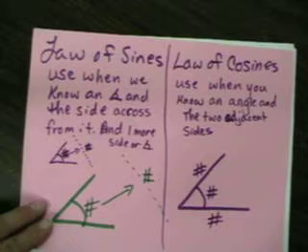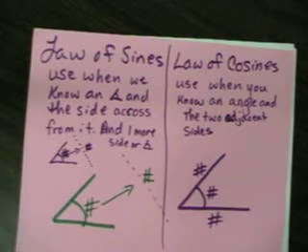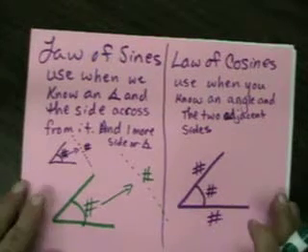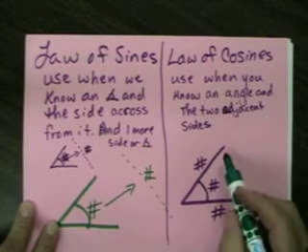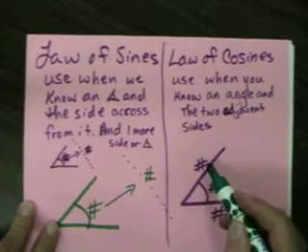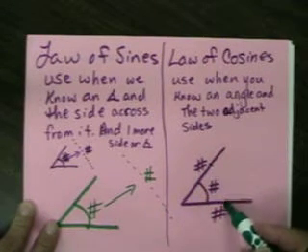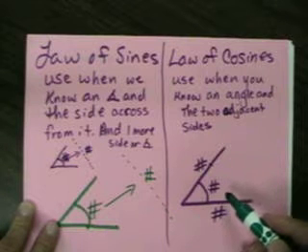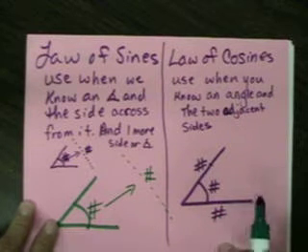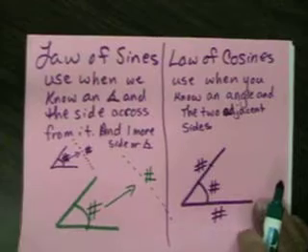The law of cosines, on the other hand, is used when you know an angle and the 2 adjacent sides. When you know that, then you're ready to use the law of cosines.